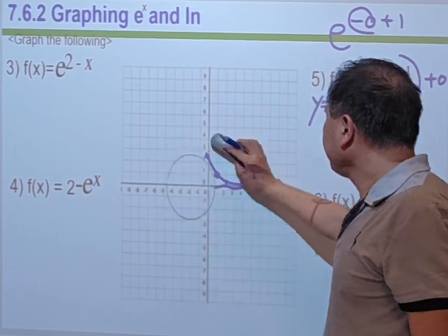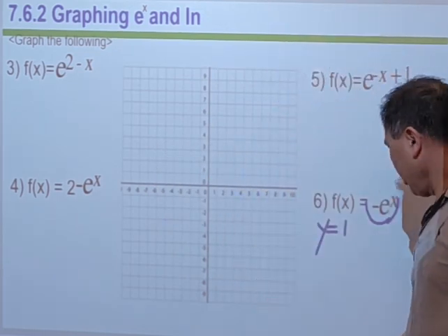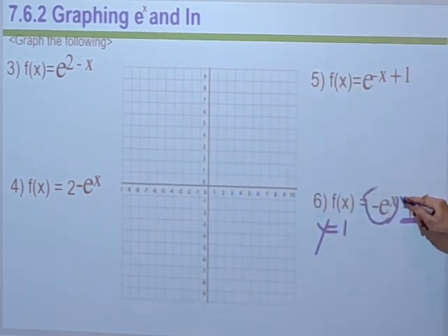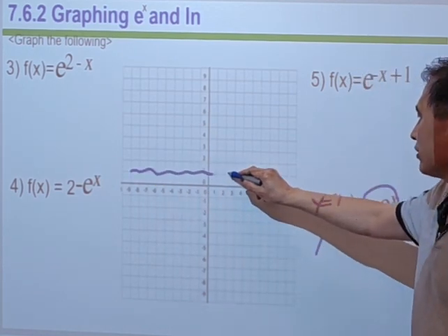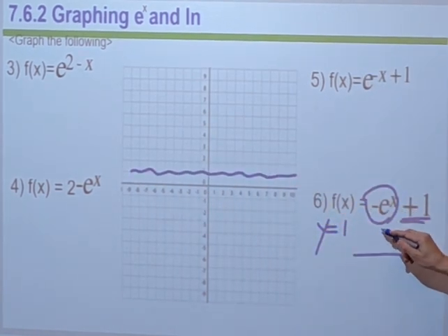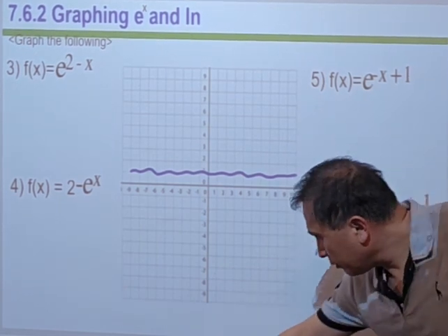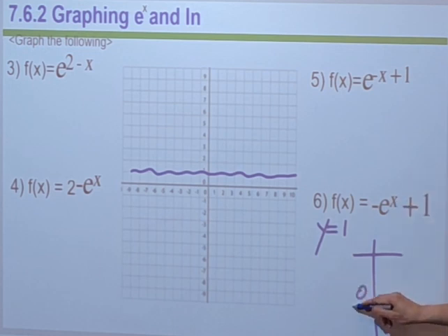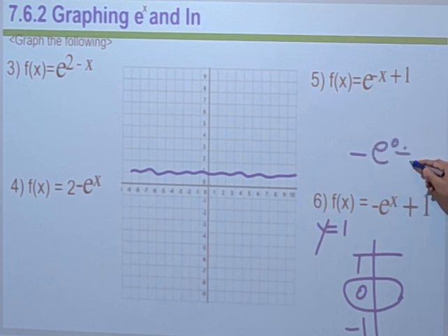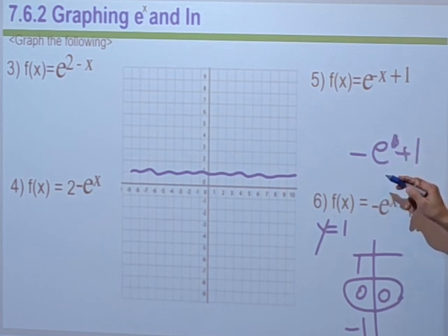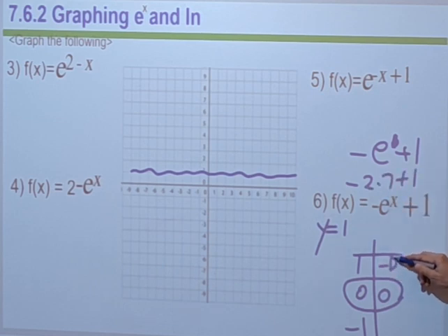And now the last one. The asymptote is right here, y equals 1, right? The graph is right here. And then the table is the same: because the x power is 0, x equals 0 is the middle right there, and then 1 bigger and 1 smaller. So we put 0 there, negative e to the 0 power plus 1. E to the 0 power is 1, so negative 1 plus 1, that's 0. And we put 1 there, negative e to the 1 power, that's negative 2.7 plus 1, that's negative 1.7, right?